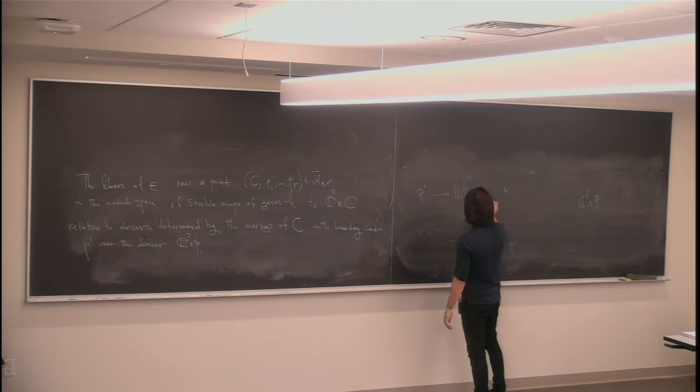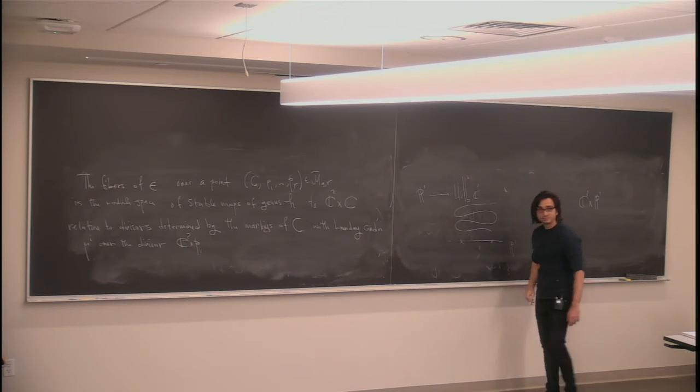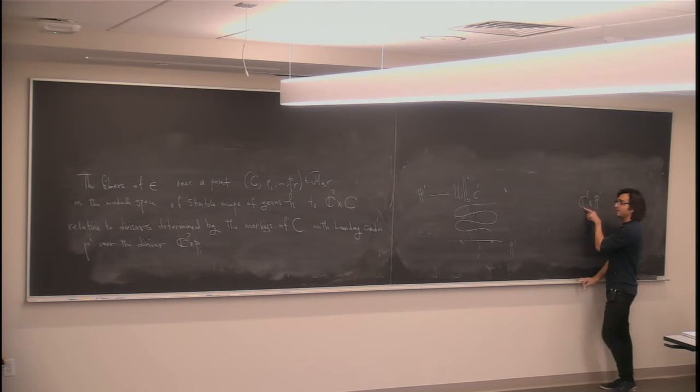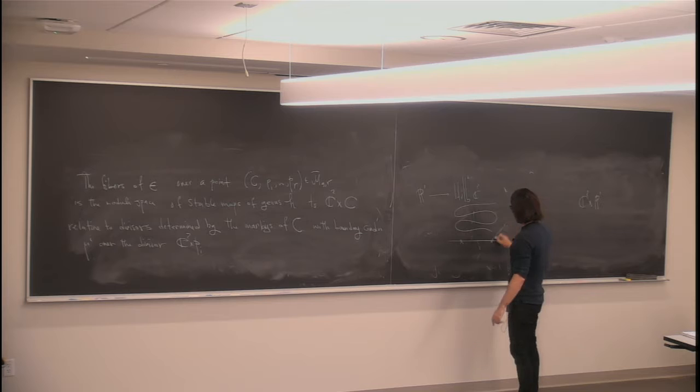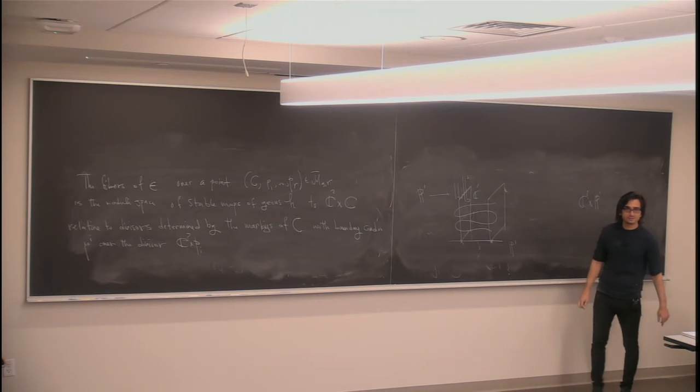For each marking on the P1, we had a factor of C2 with divisors on it, which we drew like that.